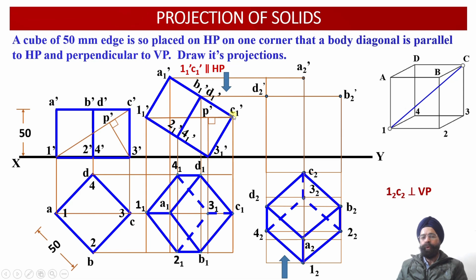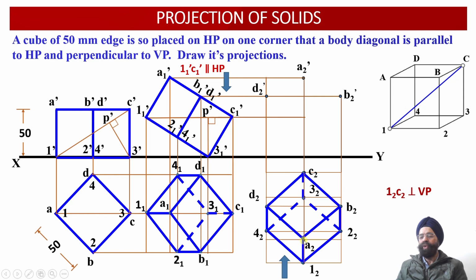Now the next 2 points we have got are 1 dash and C1 dash. They are again falling in one line. So from 1 dash and C1 dash, again another horizontal projector line has been drawn. So wherever this horizontal projector line intersects with the vertical projector line drawn through 1, 2 and C2 over here, this is 1, 2, this is C2.